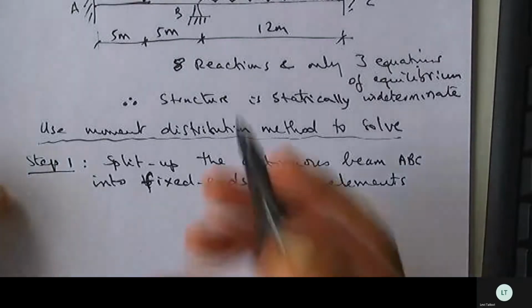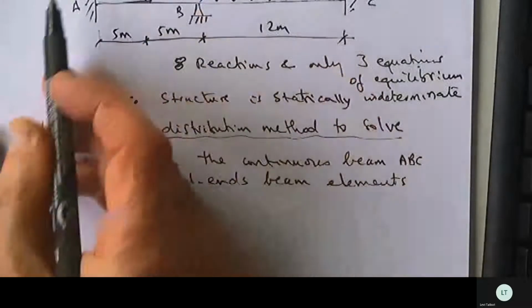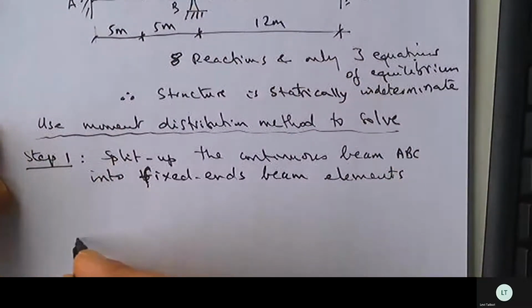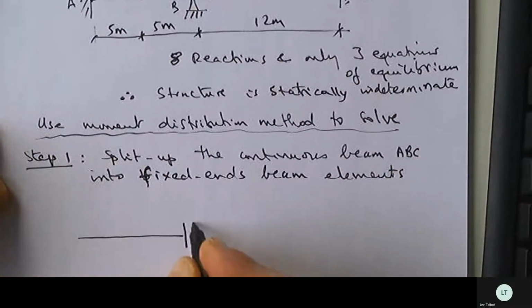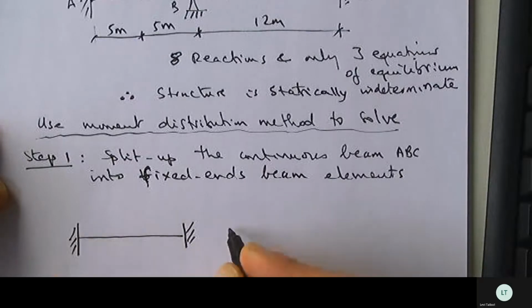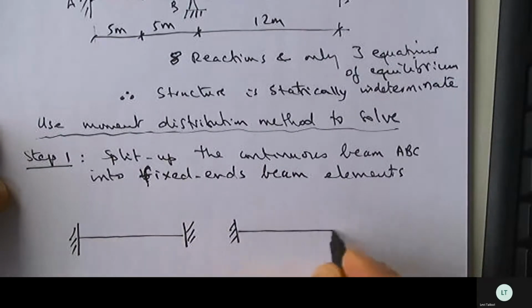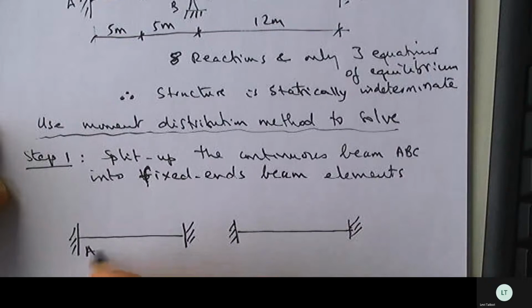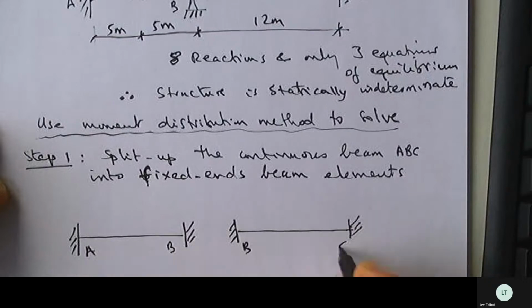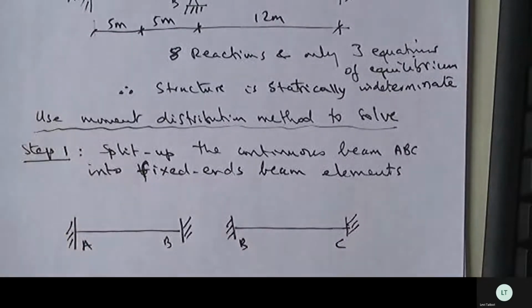What do we mean? We mean this is the beam here, ABC, and we are going to split it into two here, like this. So now we have AB and BC.